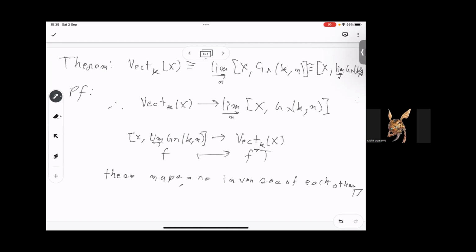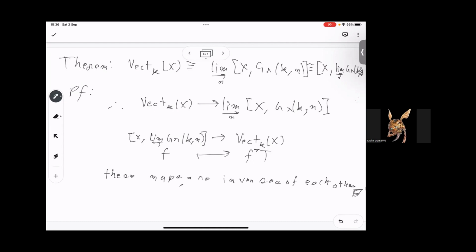So if we start with a vector bundle and we get a map to the Grassmannian, when we pull back via the tautological bundle, we get back the same bundle. So in one direction, it's obvious that it's the identity.